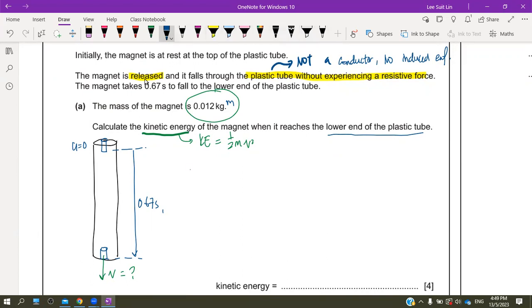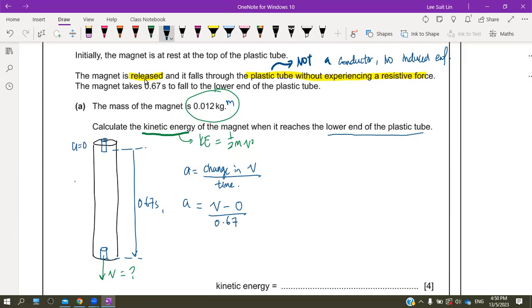I can use the equation acceleration is change in velocity over time. So how much did my velocity change? From v minus 0. How long did it change? 0.67. Do I have the acceleration of free fall? Yes.